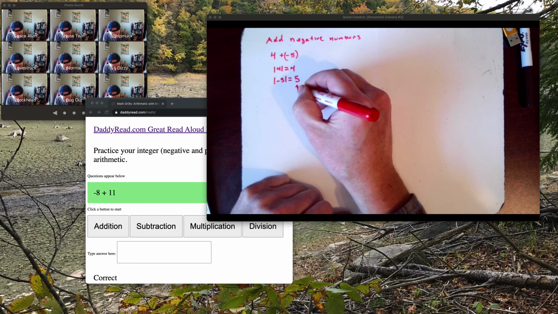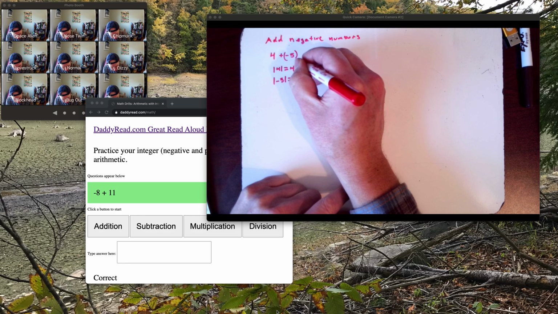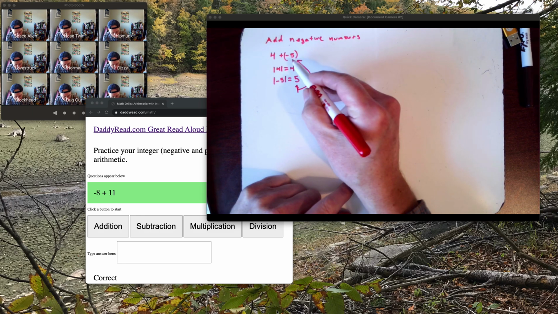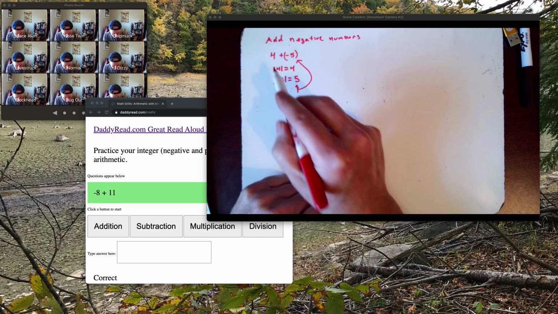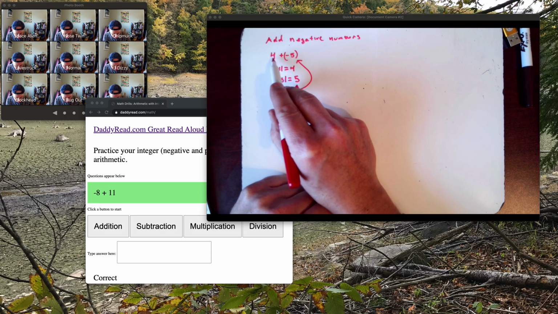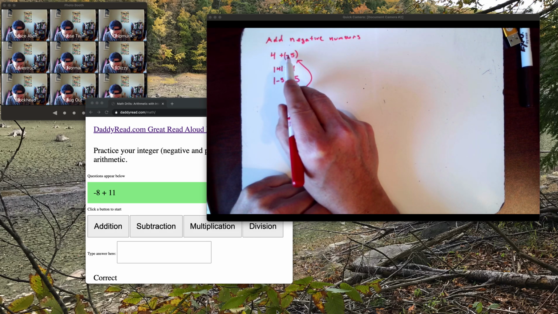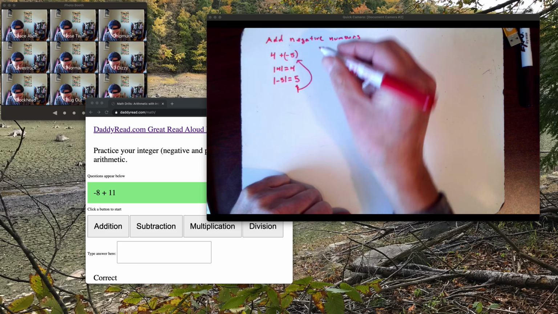So our answer will be the sign of the number with the larger magnitude. So our answer will be negative. Now, since the signs are different, what we're really doing is a subtraction.